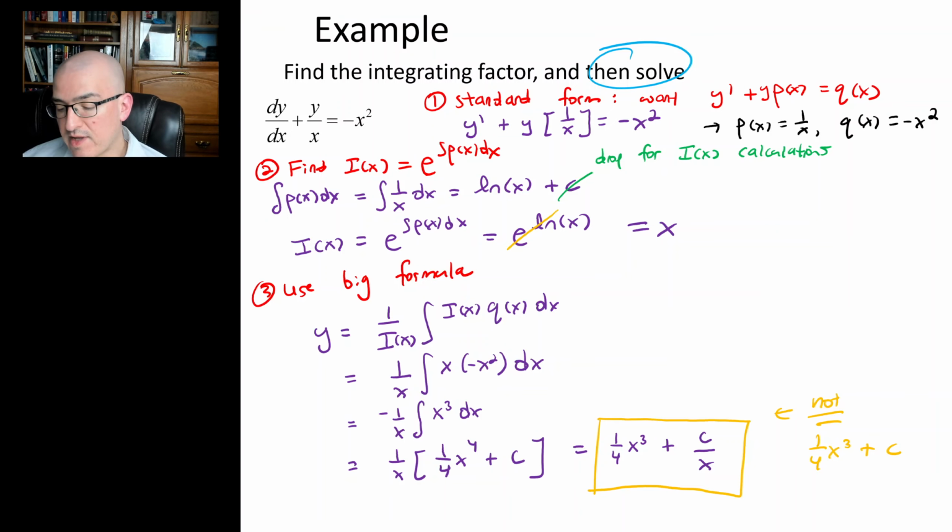But if you feel like it, check at least one of them. Make sure that if we take the derivative of this function and add this function divided by x and simplify, we get negative x squared. Because if it doesn't work out that way, then we made a mistake at some point in our solving process.